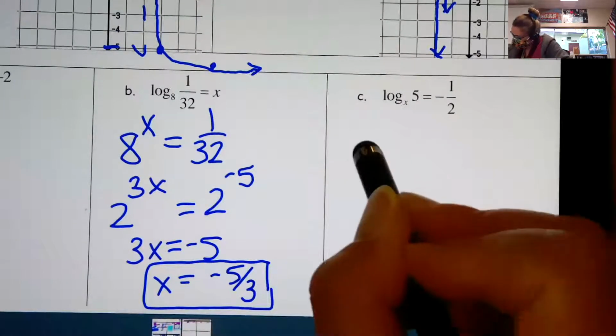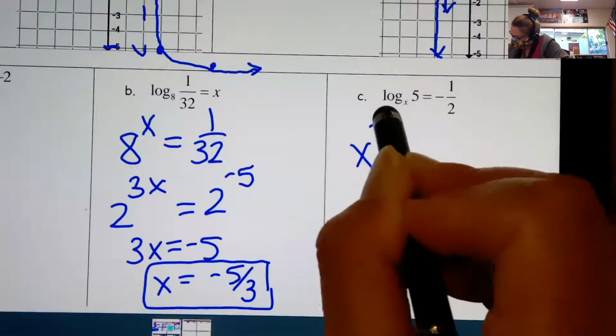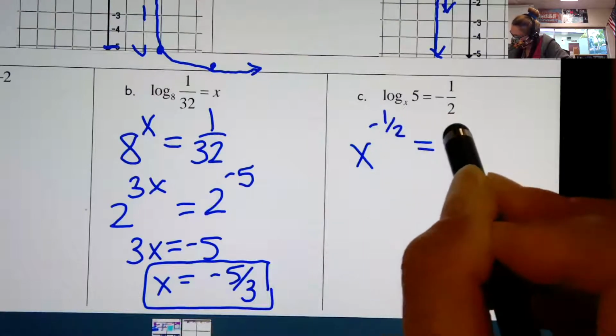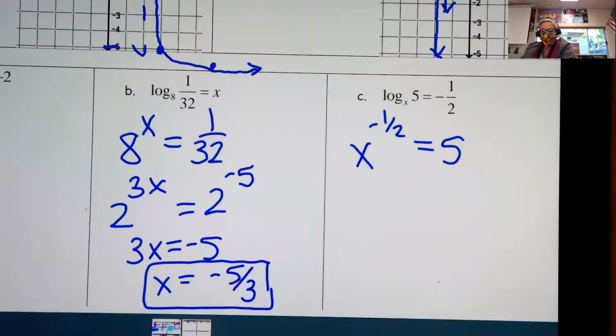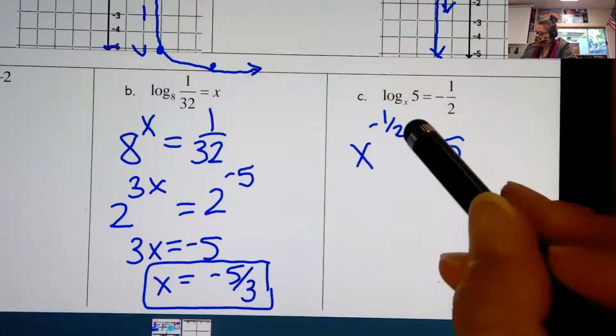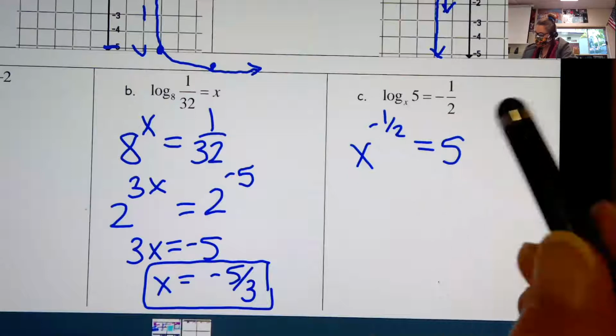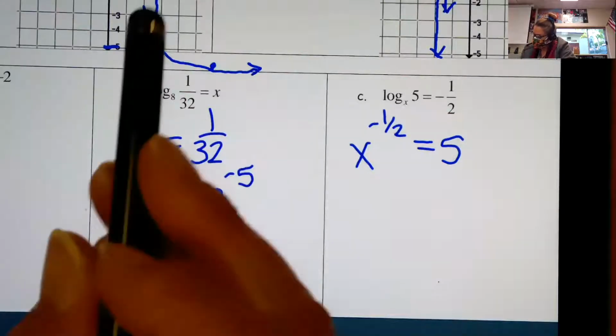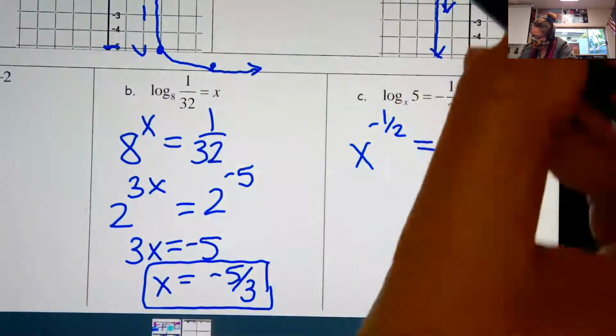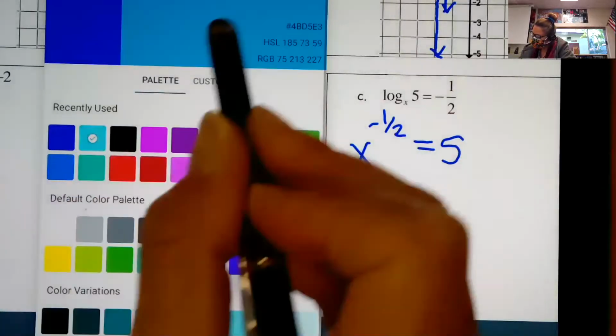So again, rewrite in exponential form. This is going to be x to the -1/2 is equal to 5. So when I have something raised to an exponent, I want to undo that. I can raise it to the reciprocal because I'm really trying to make a 1, and power to power you multiply.